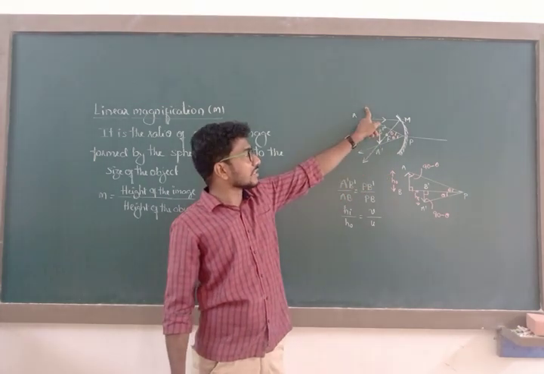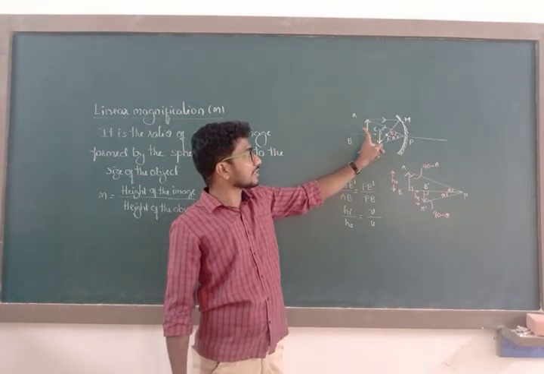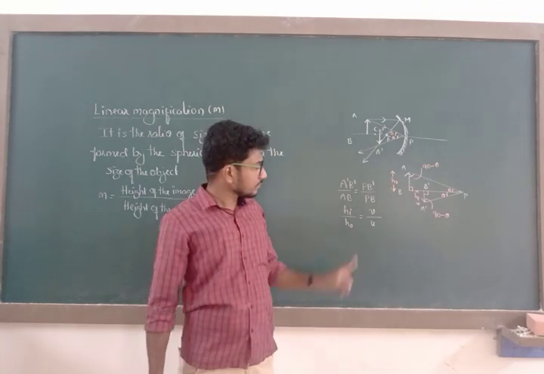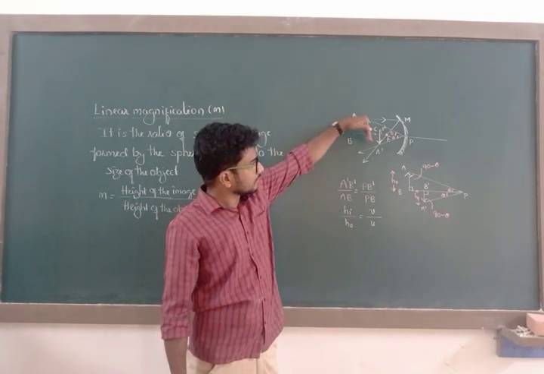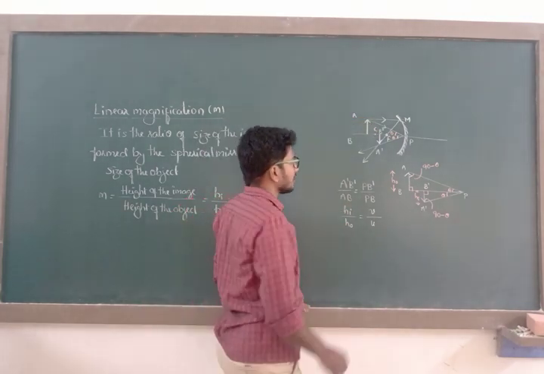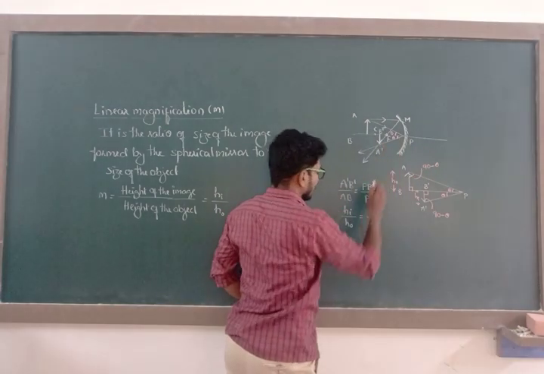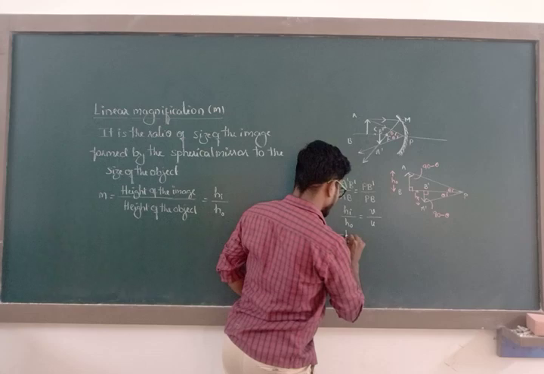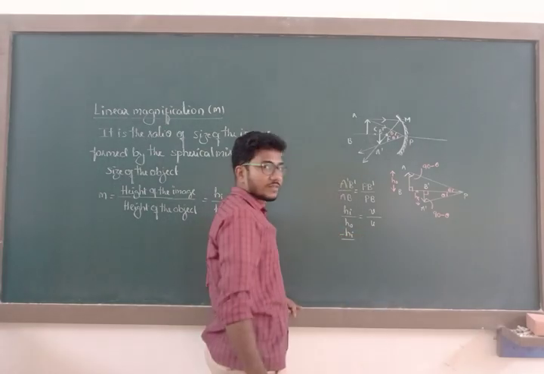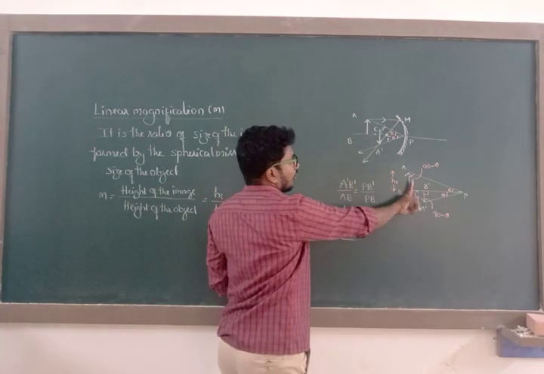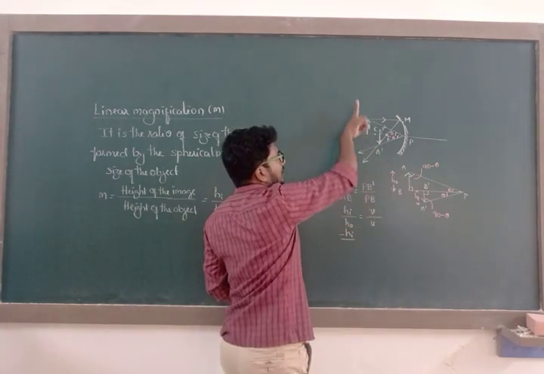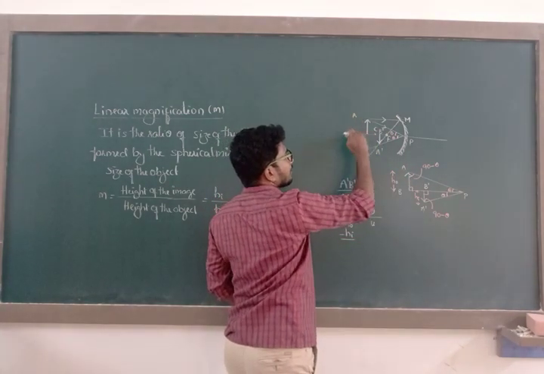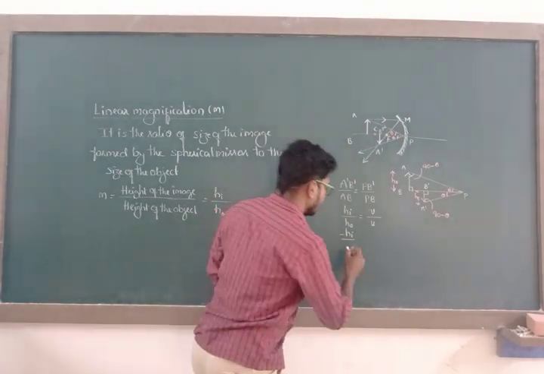Upward distances measured perpendicular to the principal axis are taken as positive. Height of the image is therefore negative, since it is a downward distance. Height of the object, an upward distance measured perpendicular to the principal axis, is taken as positive.